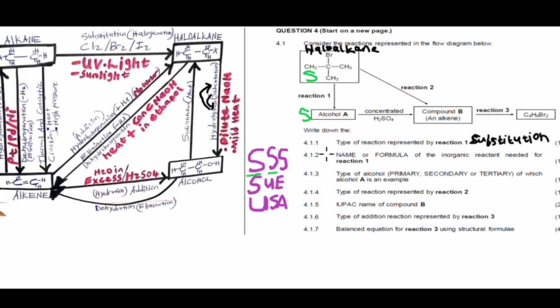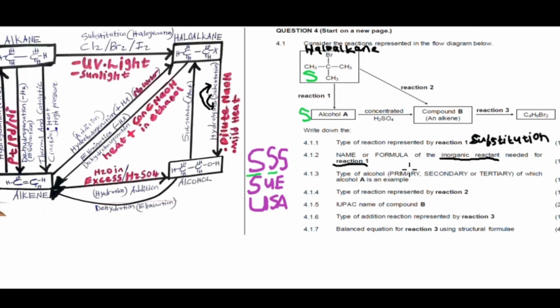Now let's go to 4.1.2. Name or the formula of the inorganic reactant needed for reaction 1. So the most important word there is inorganic reactant. The word inorganic means that between the carbon and the hydrogen atom, one of those 2 atoms is not present.